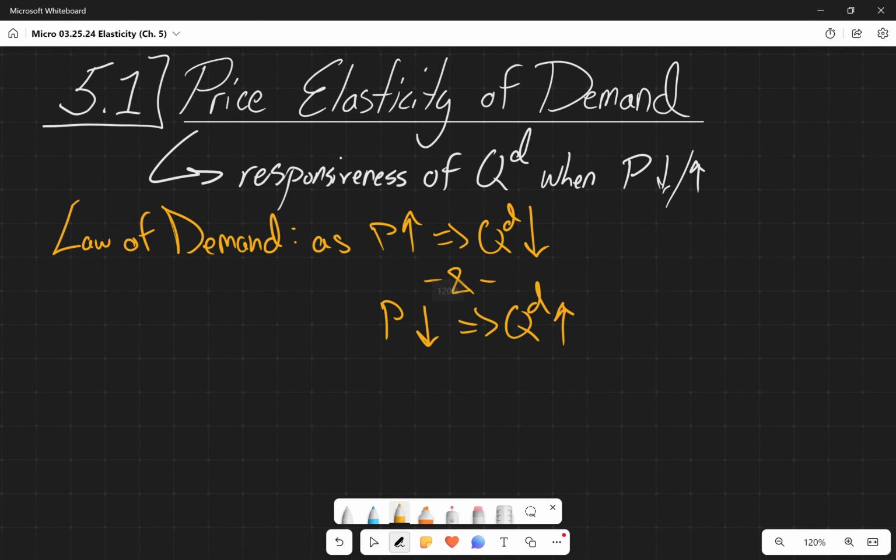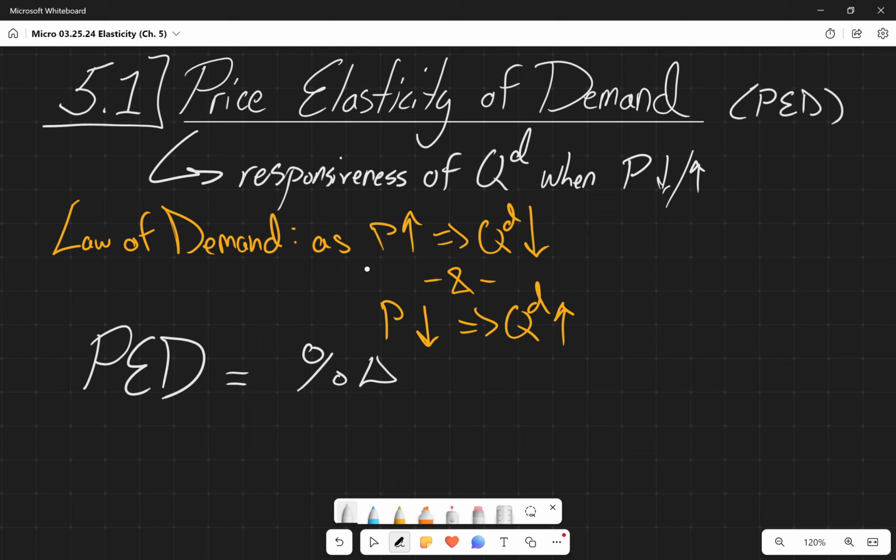And the way that we do that is through a calculation of the price elasticity of demand, commonly abbreviated as the P.E.D. The price elasticity of demand is the ratio of the percentage change in the quantity demanded divided by the percentage change in the price of the good.